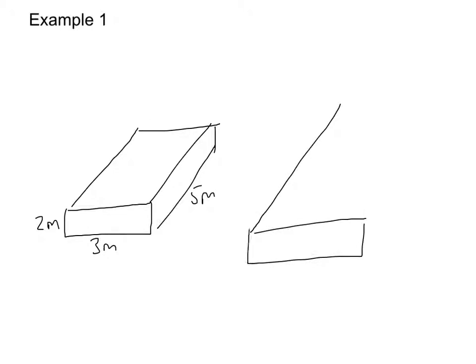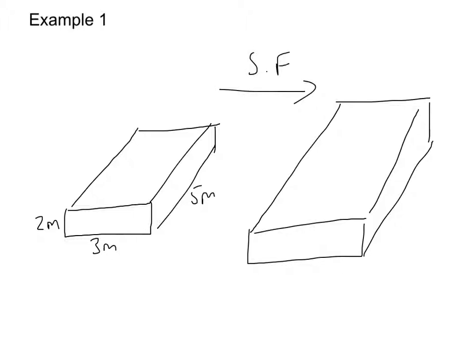So here's our similar cuboid. This one has a scale factor of 3. I'm just going to pause for a second while you think about what the lengths of all the different sides are.